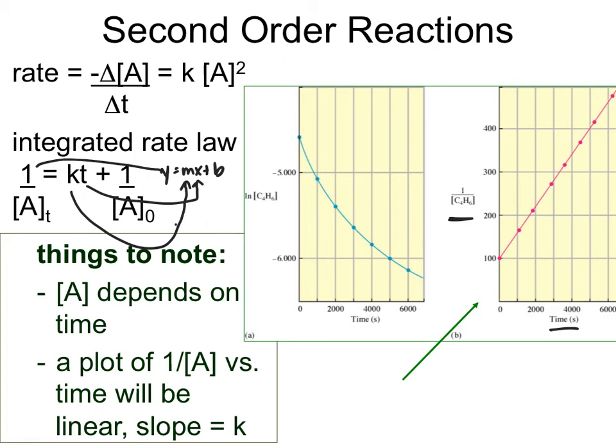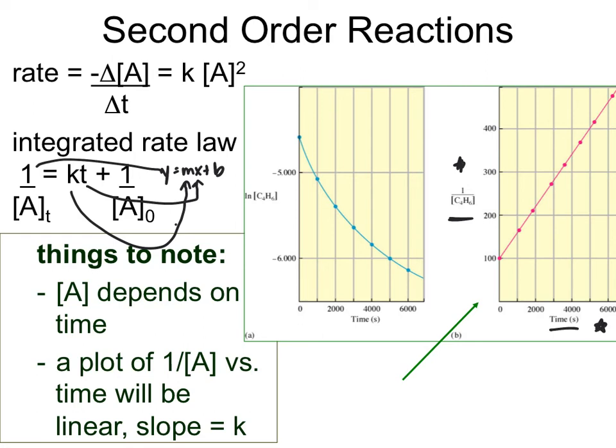And in this case, what we get is a straight line. Now notice that the straight line has a positive slope for our K value, which is what we would expect for this specific type of reaction. Okay, so this is in fact a second order reaction because we get an equation with a positive slope after graphing 1 over our concentration versus time.